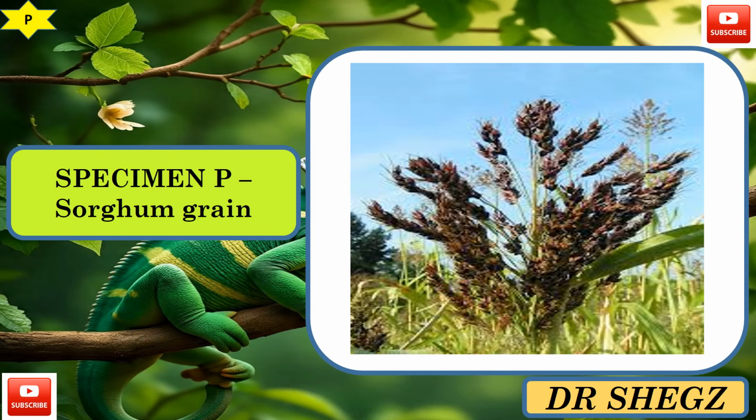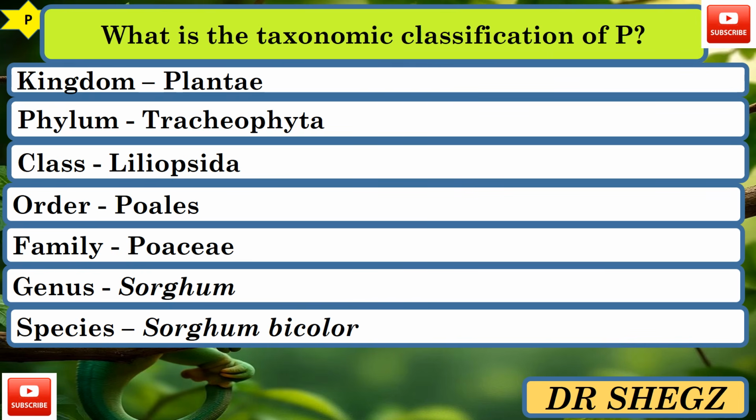And our final specimen, the sorghum grain. Of course, taxonomic classification: Sorghum bicolor is the scientific name of sorghum.